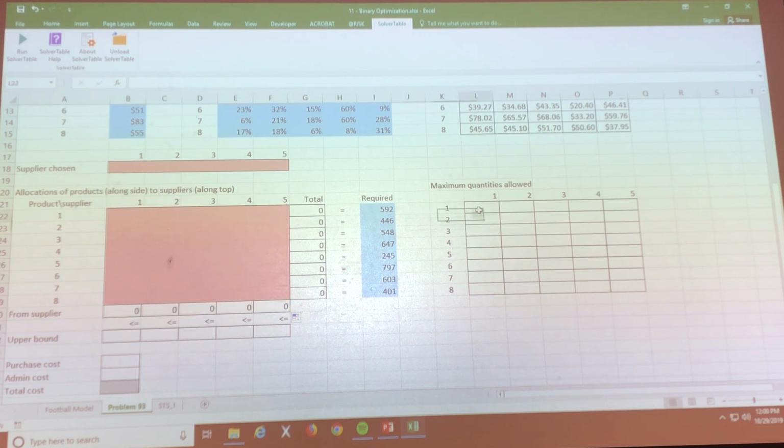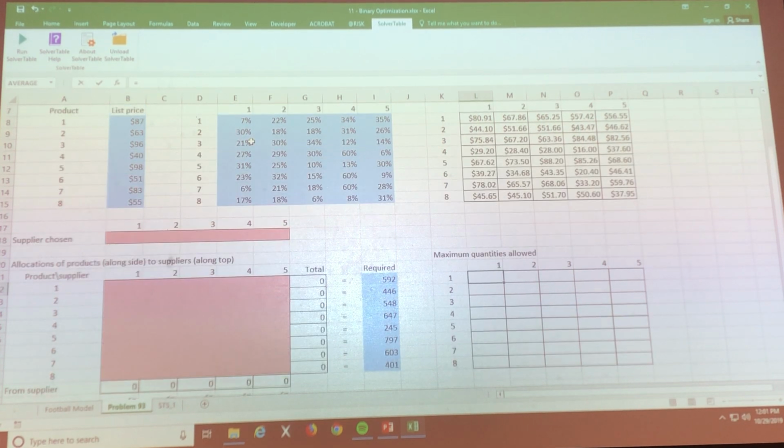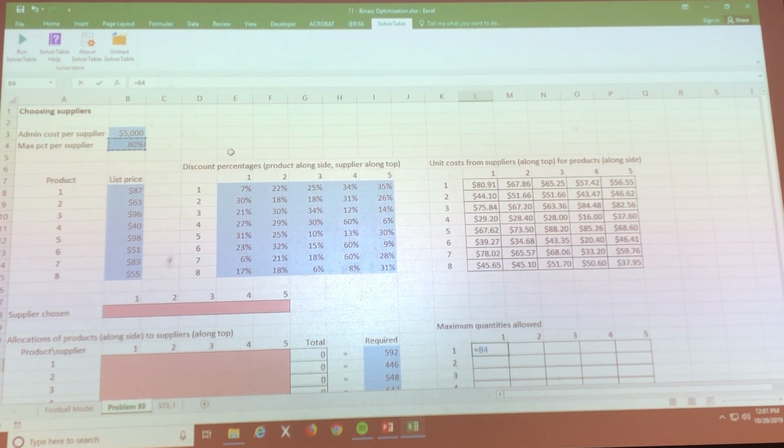Before we go too far though, even on this other stuff, we do need to make sure that we don't allow any order of more than 80% of what's required from any one supplier. So in this cell, where am I, L22, I need to make sure that, and I'll just reference that the 80% is referenced up here in B4.